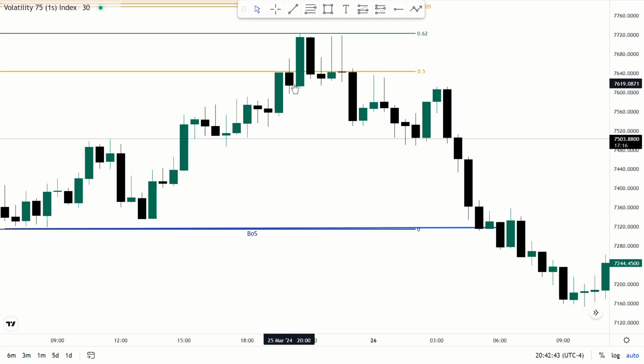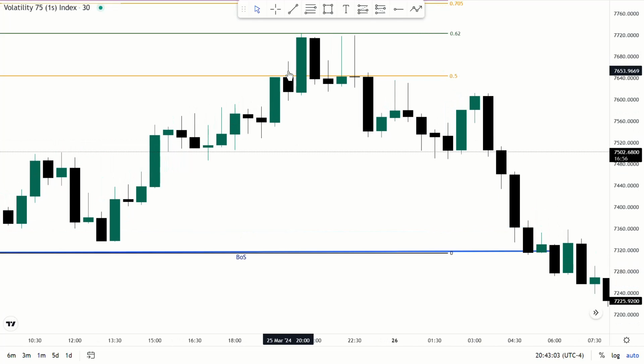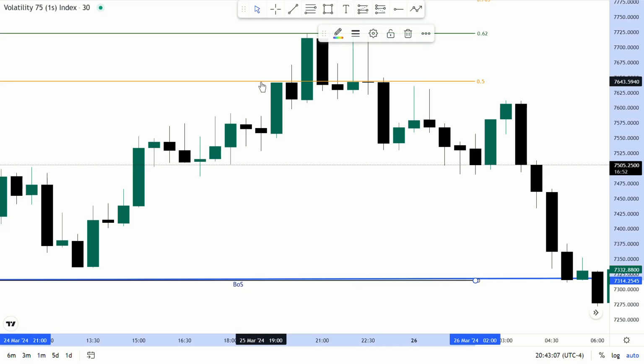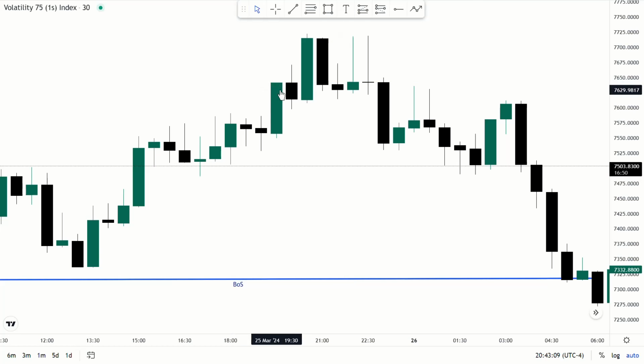When we say single candle order block, we're saying that the previous candle's high was swept. This is a downtrend, so we are looking for a bearish single candle order block. Have you seen how there's just a wick above there? Let me remove the Fibonacci retracements.